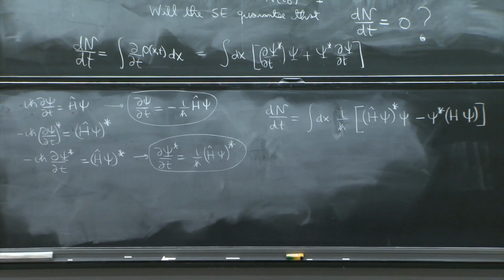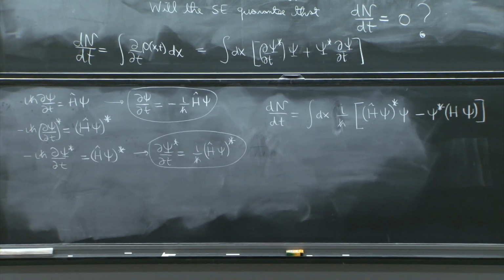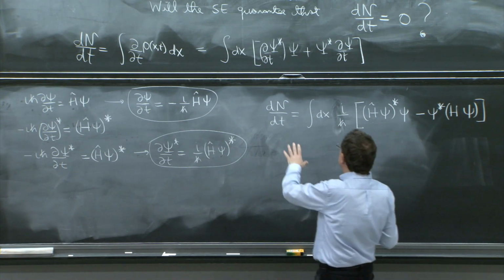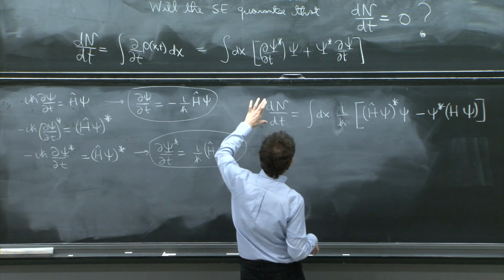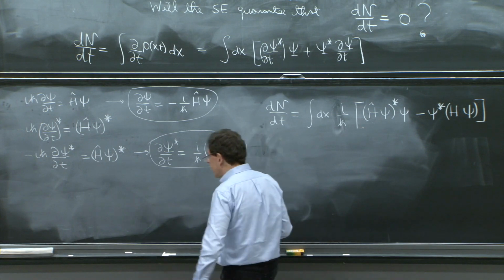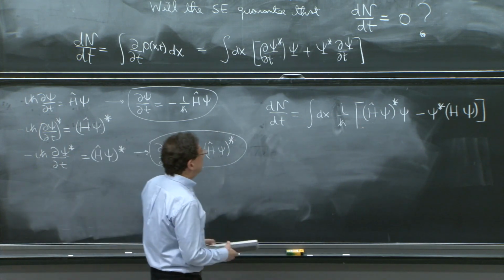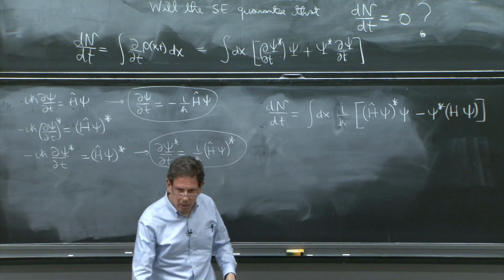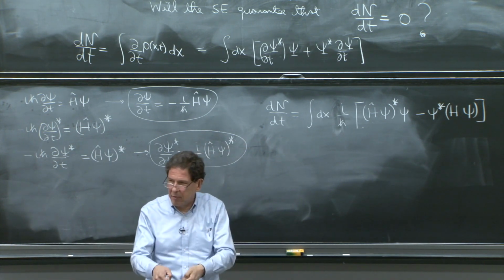Okay, so the virtue of what we've done so far is that it doesn't look so bad yet, and looks relatively clean, and it's very suggestive, actually. So what's happening? We want to show that dn dt is equal to 0. Now, are we going to be able to show that simply, do a lot of algebra and say, oh, it's 0?